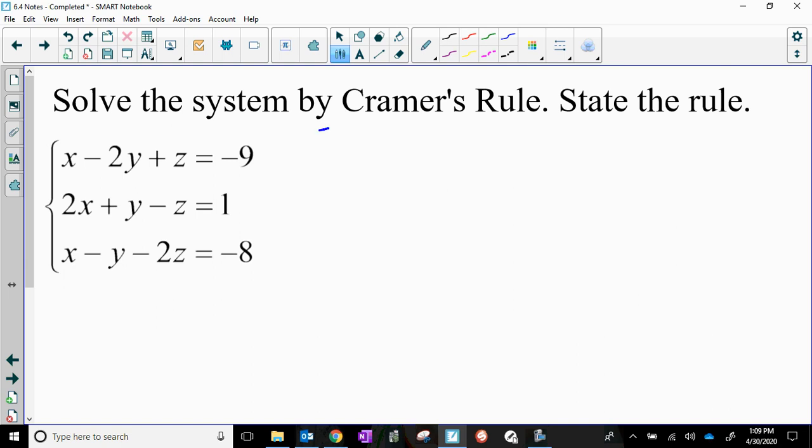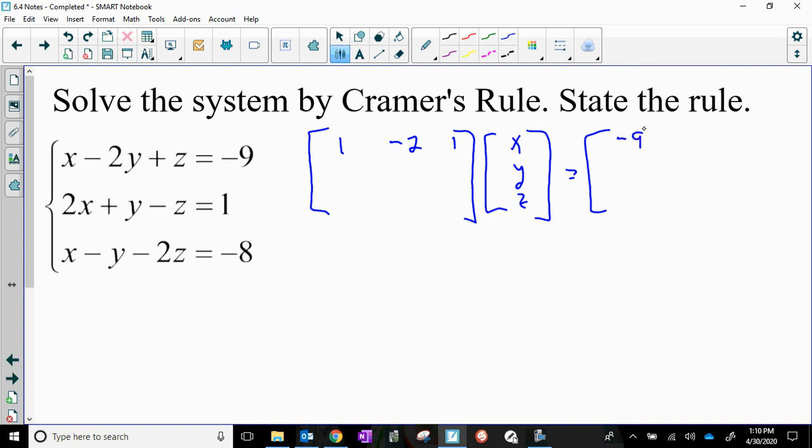So for our matrix equation, let's use our coefficients times our variables equals our constants. 2, 1, negative 1, and 1. 1, negative 1, negative 2, negative 8.